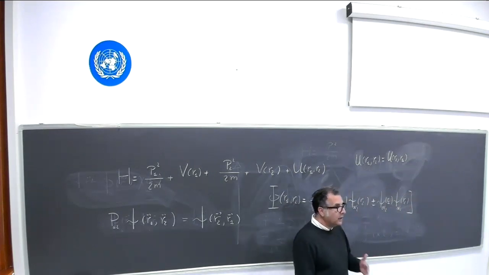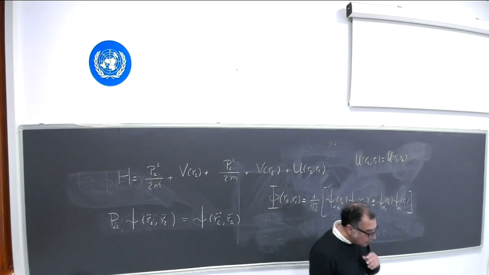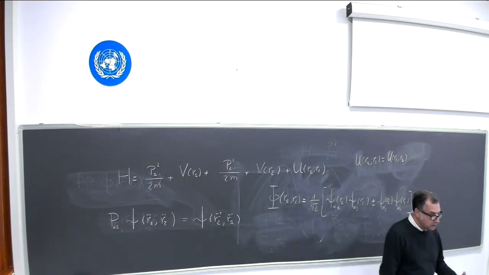Since interference is important, we are considering cases where you have superposition, and so the plus or minus sign will play a role in observables.